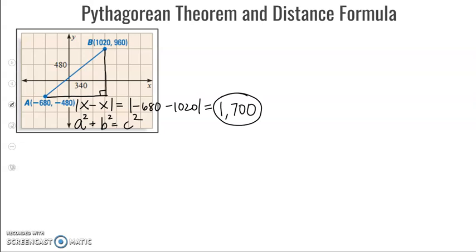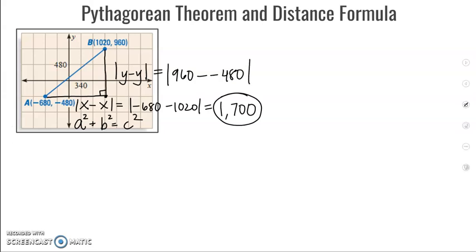If I wanted to find the length of this vertical segment, I'm going to take y minus y, and don't forget, I'm going to use the absolute value bars because distance is always positive. Well, this is equal to 960 minus a negative 480.